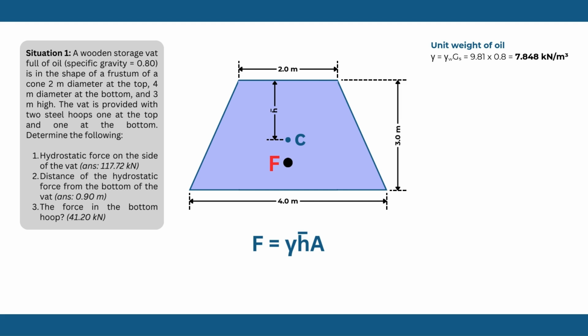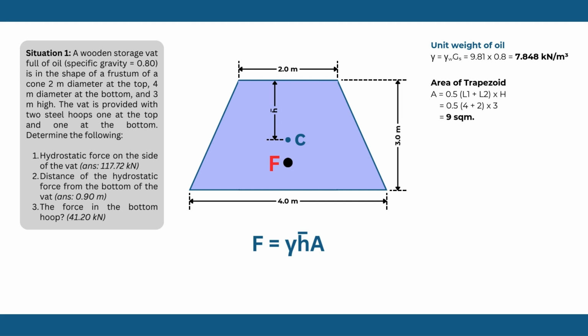So kung titingnan natin, yung area mabilis na lang natin makukuha. Tapos, pwede rin naman na i-perform agad yung sa pagkuha ng h-bar. But if we are to consider the other unknowns, such as yung sa question number 2, we may want to look at a different approach.